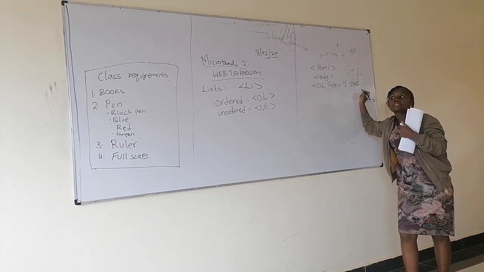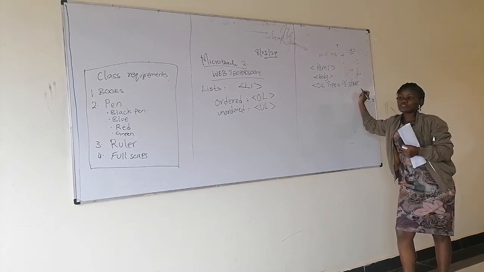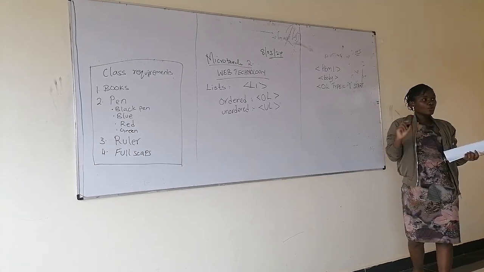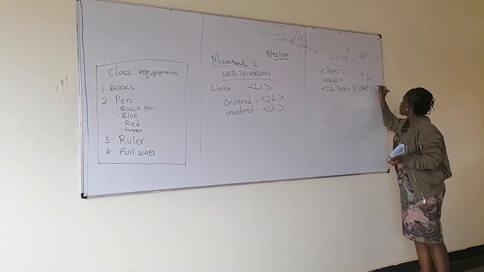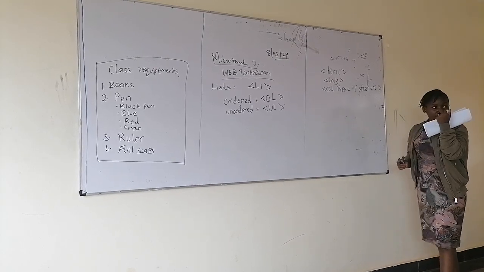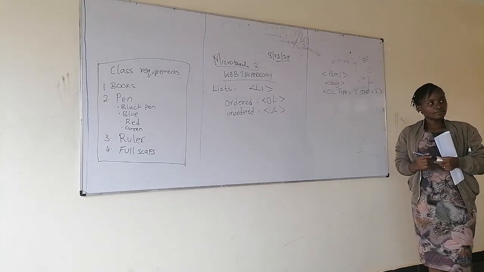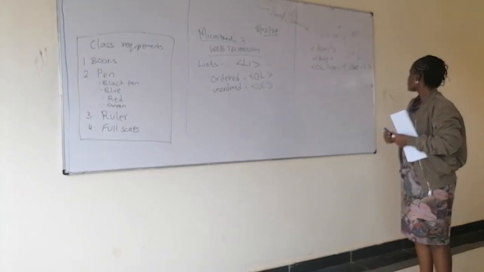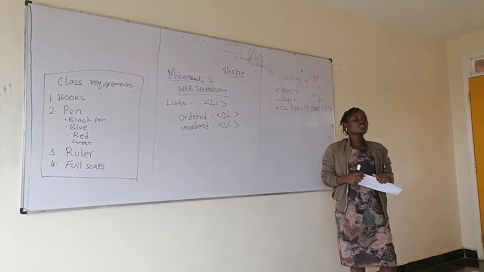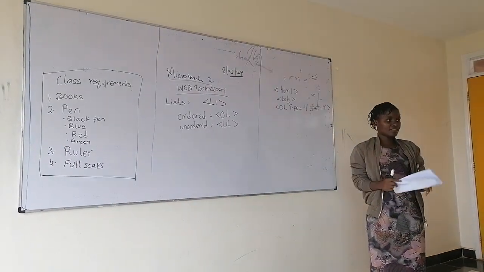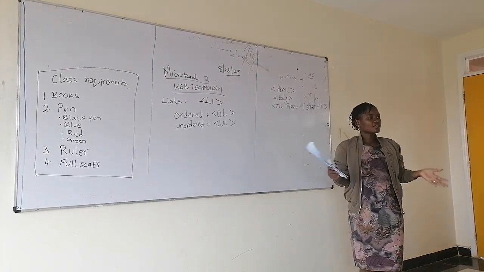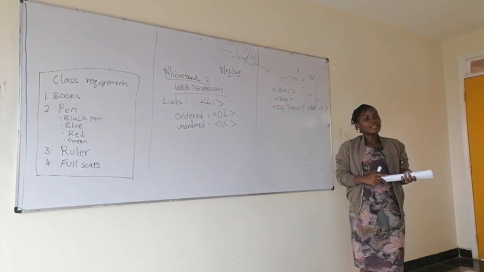You can decide you want the numbering to start from 4. But here we want it to start from 1, so start equals 1. Then like that, right? Yes? Are capital letters sensitive? In our last class, we said HTML is insensitive. It means whether you write it in capital or in small letters, it will still read it as the same. Any other question?